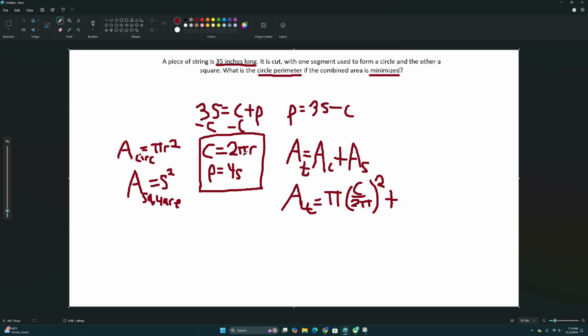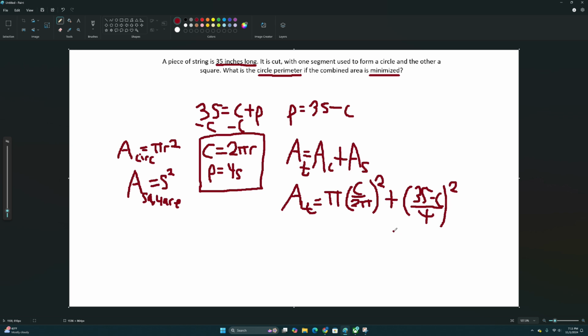We normally just have P over 4 to isolate for s, but we know what P is in terms of C. So we're going to replace P with this equation up here, divide it by 4 because we're isolating for s, and then square it.